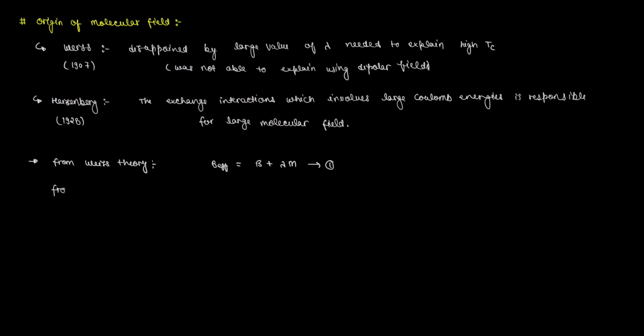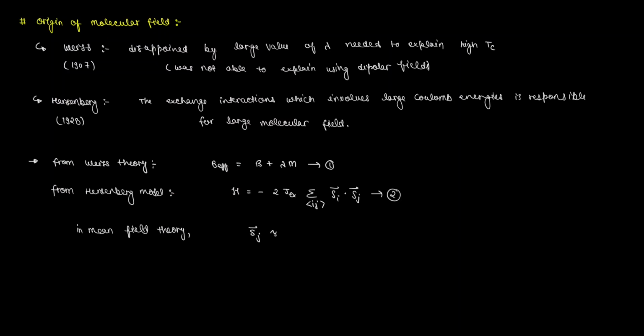While from the Heisenberg model, the Hamiltonian for nearest neighbor spins is given by minus 2 J exchange times the summation over nearest neighbors of Si dot Sj. Now in mean field theory, instead of treating all spins exactly, we approximate the neighbors of spin i by their average value, so that the interaction term becomes Si dot the average value of S.